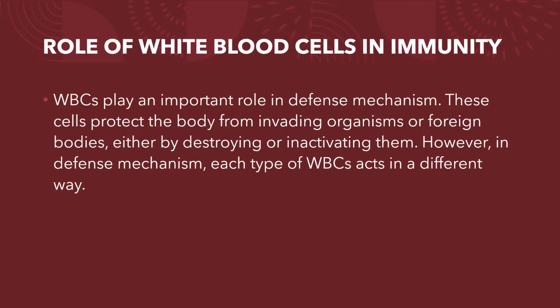Now, the role of white blood cells in immunity. White blood cells play an important role in defense mechanism. These cells protect the body from invading organisms or foreign bodies either by destroying or inactivating them. However, in defense mechanism, each type of WBC acts in a different way.